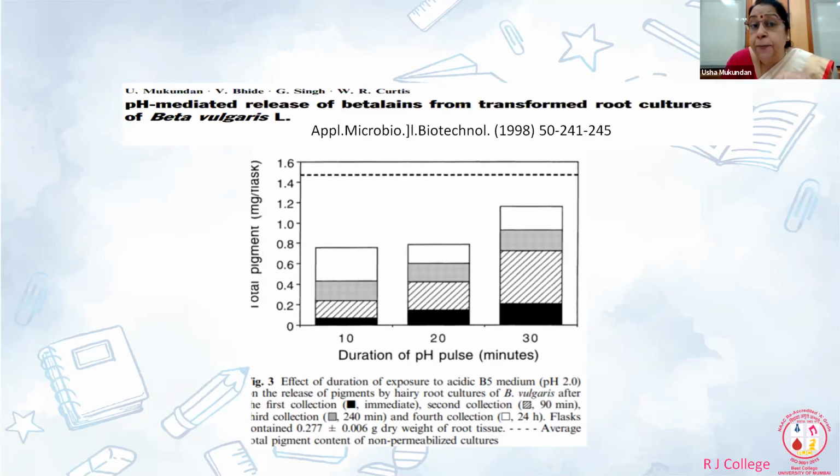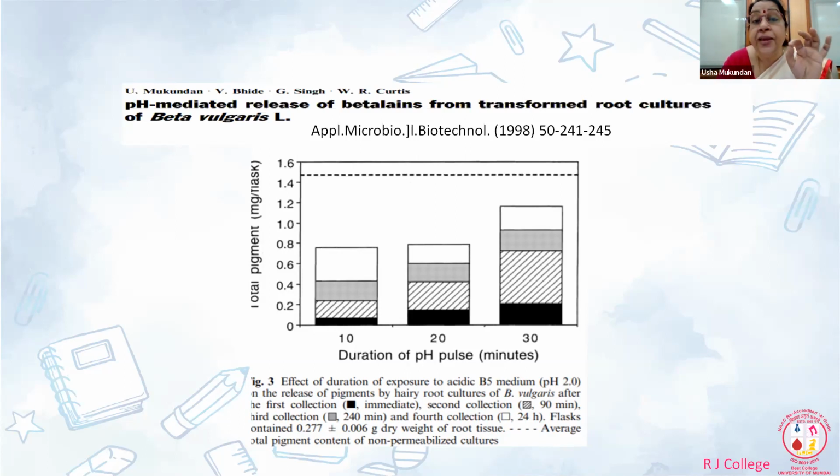When we alter the pH, the charge will change. As a result, they will come out. But here, the pH which we used was a little harsh. It was a non-physiological pH, which was 2. When you're using a pH this low, you're also going to damage the cells. We didn't want to do that.